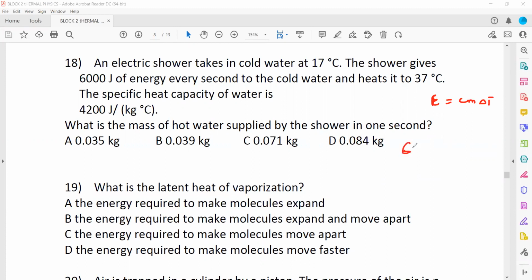E is the energy which we supply, 6000, specific heat 4200, mass we don't know, and temperature change is 37 minus 17, which is 20. So this all is multiplied, the other side will be divided: 6000 divided by 4200 times 20. This will give us the mass supplied. So it will come out as 0.071 kilogram.